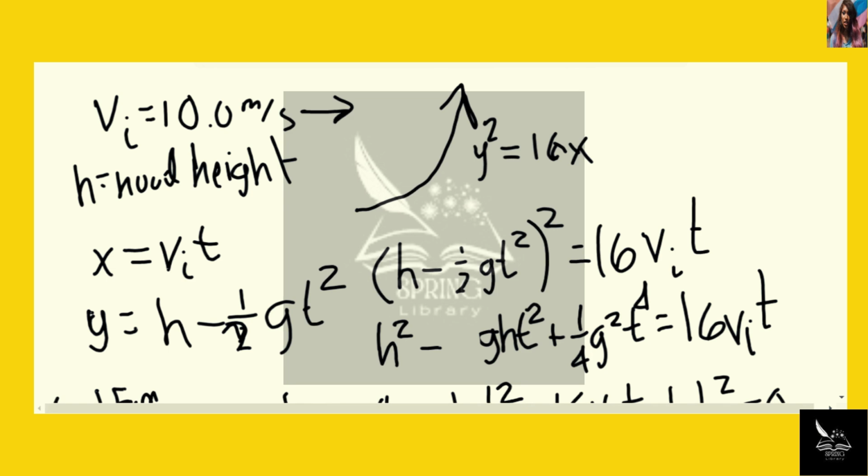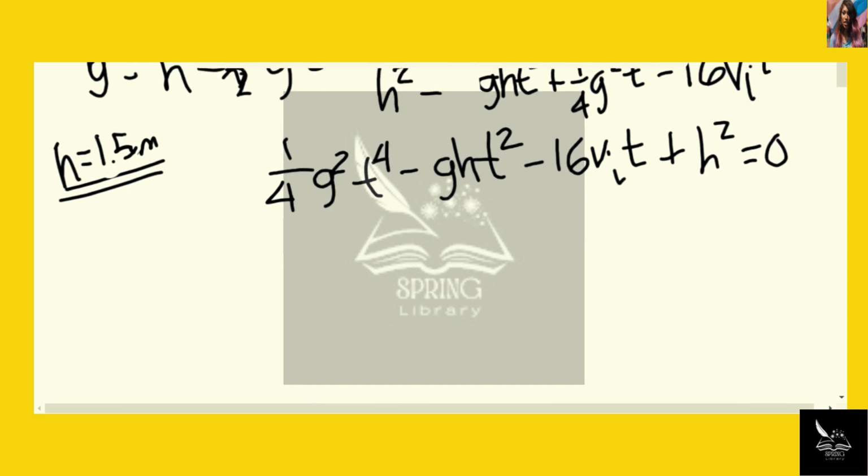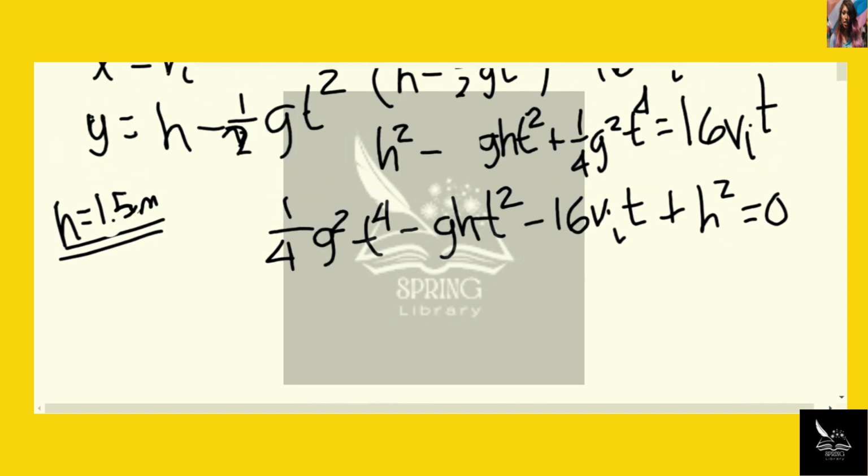Okay, so 1/4 g squared t to the 4th power minus g h t squared, and unfortunately you can't see my calculator, minus 16 v t plus h squared.